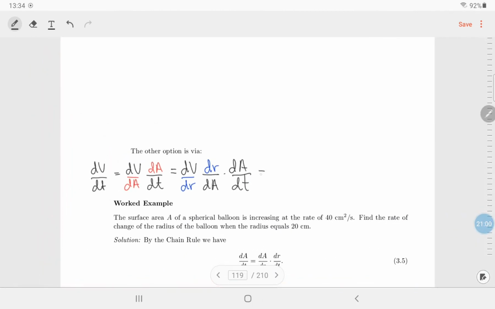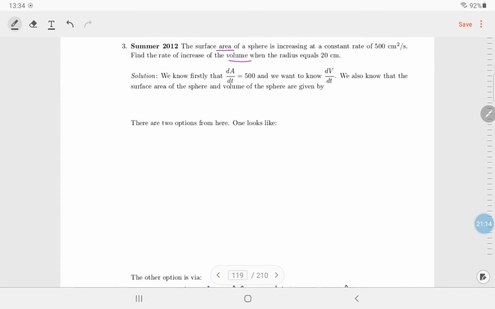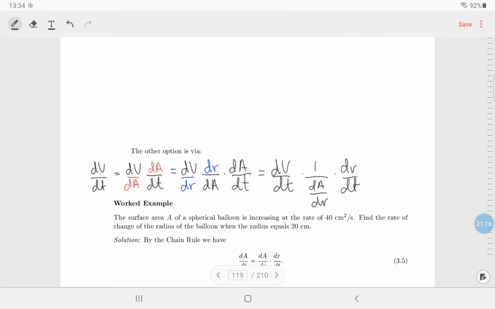So this is equal to dV/dt times 1 over dA/dr times dr/dt. And I think when we actually do the question, you'll see that we want to know dV/dt. So this is what we'll be looking for.